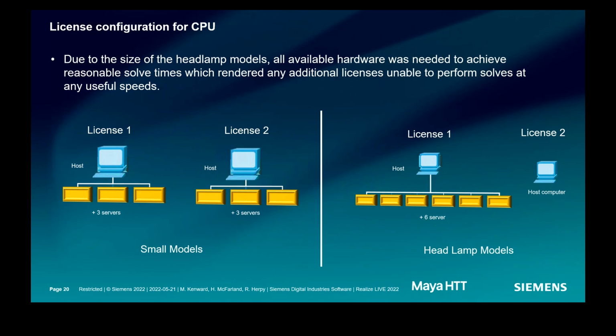But if you needed to run a larger headlight model with a lot of elements, you may need to pull all of your available resources under the one host, basically rendering your second license useless because you wouldn't be able to solve a model in a reasonable amount of time. So it just goes unused, which is money just sitting there.